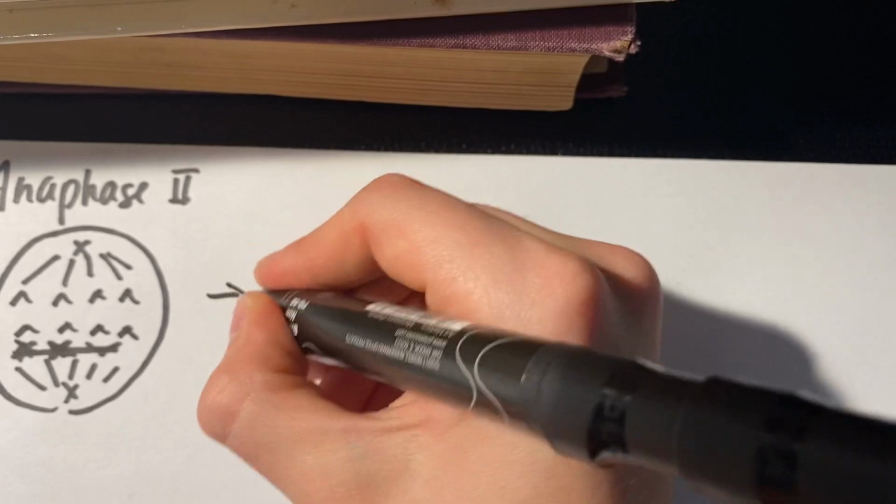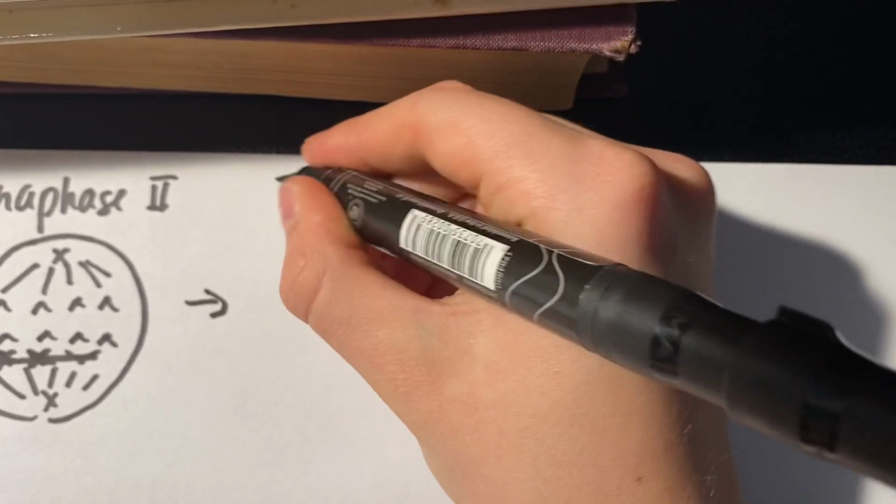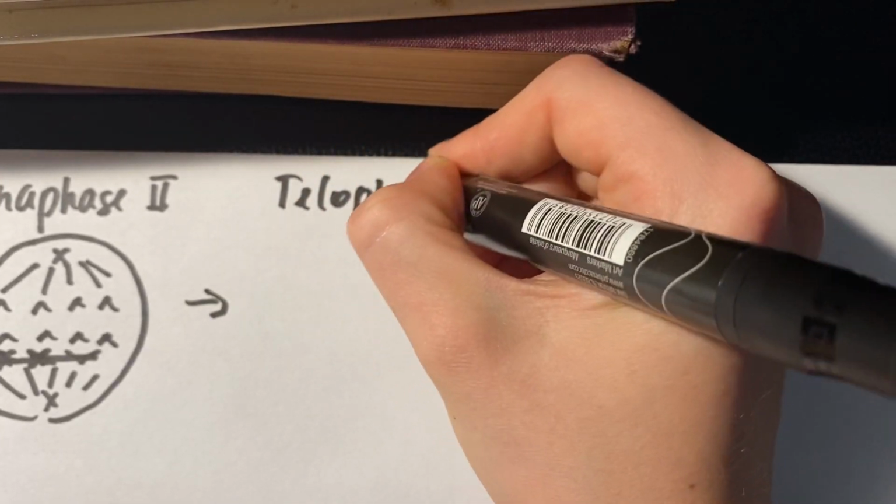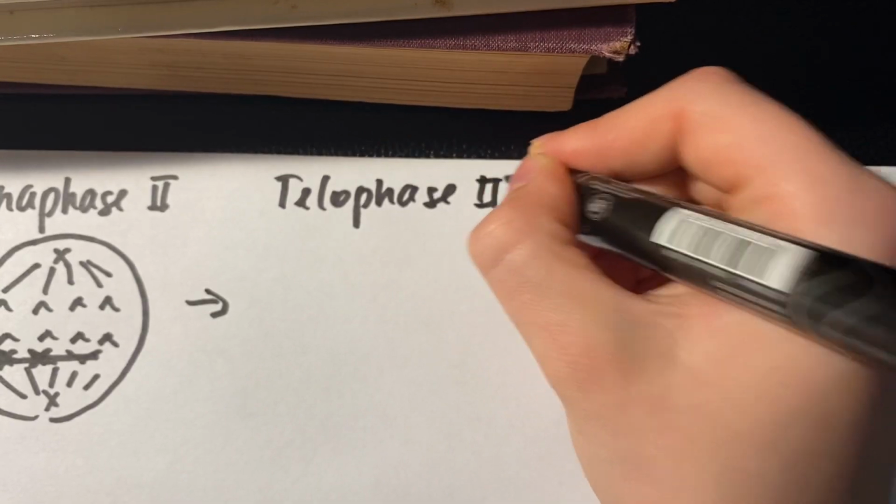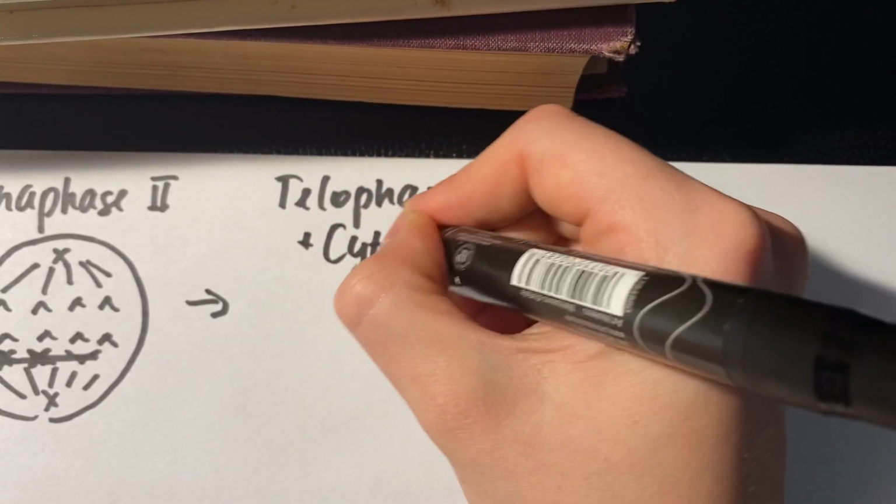After anaphase 2, we have telophase 2 combined with cytokinesis.